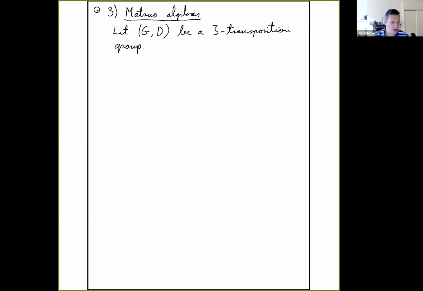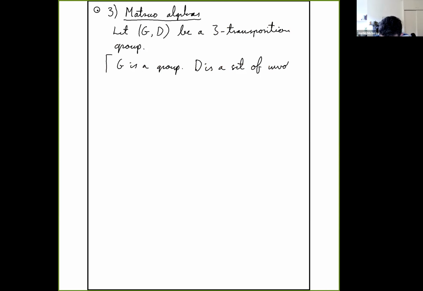So just as a reminder, G is a group and D is a set of involutions.